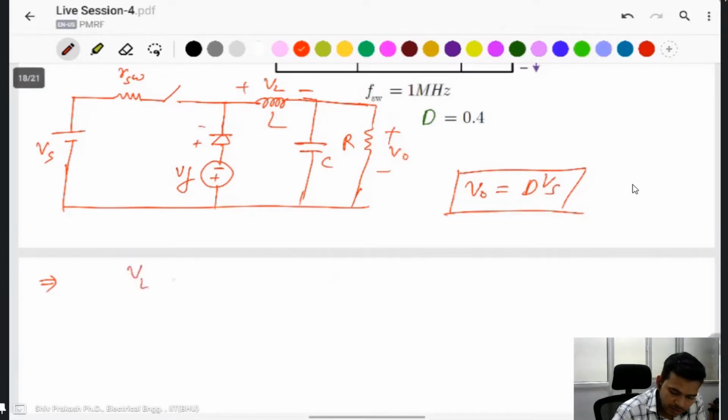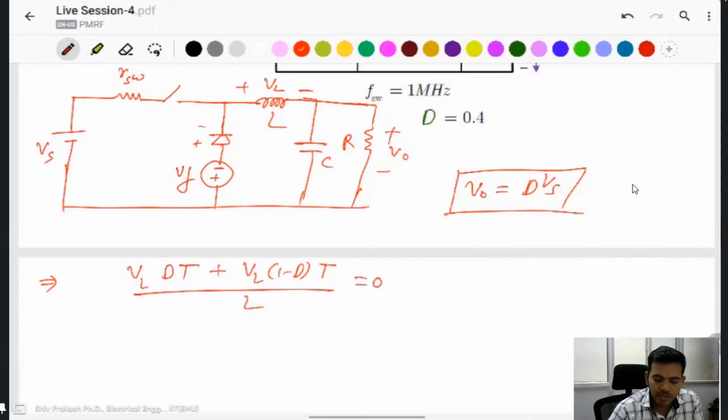So VL on time, this means duty ratio d, dT plus off time (1 minus d)T, divided by total time period, equal to 0. This is the volt-second equation for the inductor voltage.